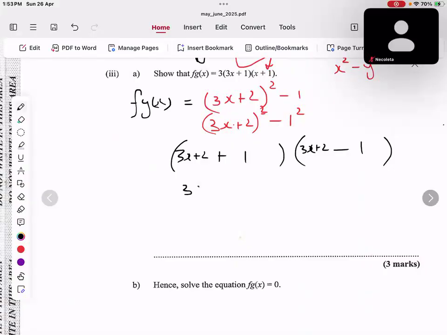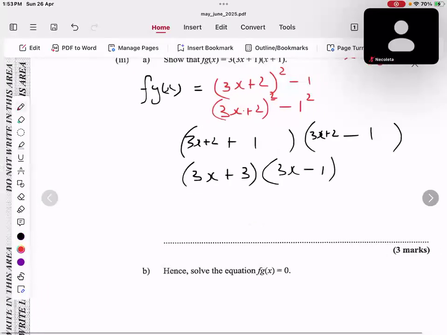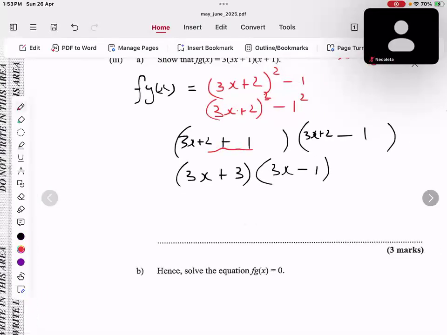So we're going to end up with 3x plus 3 in one bracket, and 3x minus 1 in the other bracket. Because 2 plus 1 is 3, and 2 minus 1 is 1.